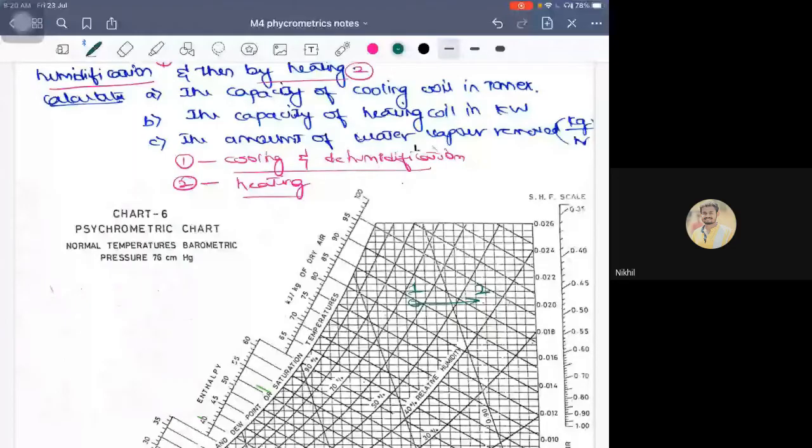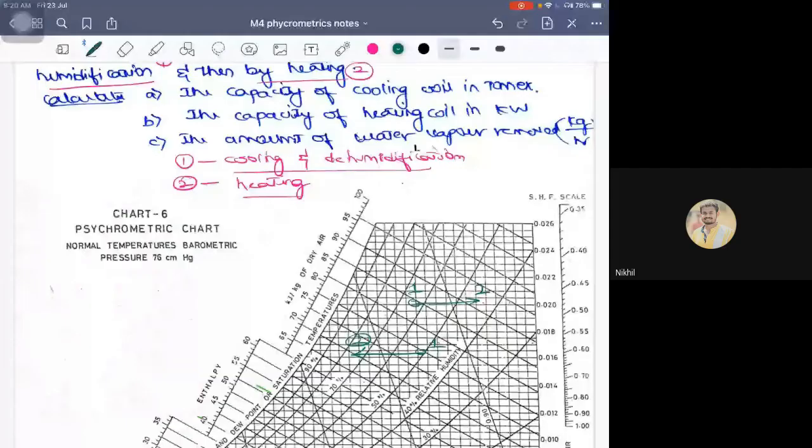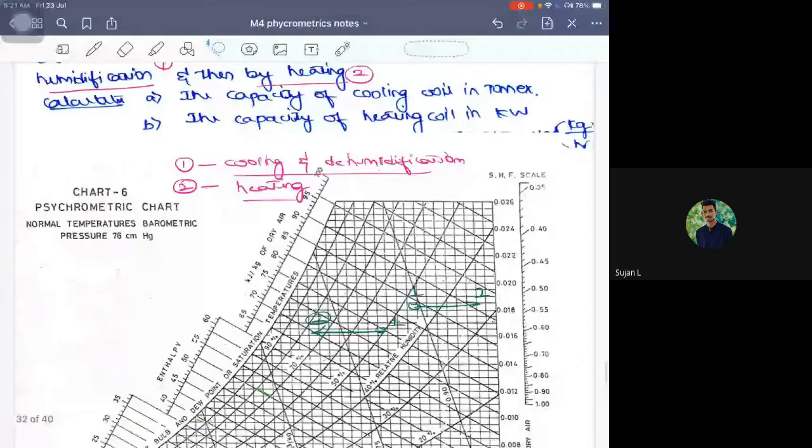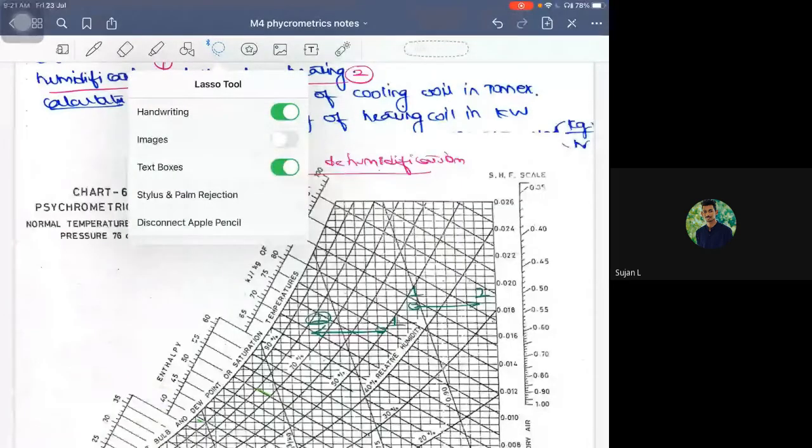Sensible heating. Very good, sensible heating. If the process is going from state 1 to state 2 in the reverse fashion, then it is called sensible cooling.